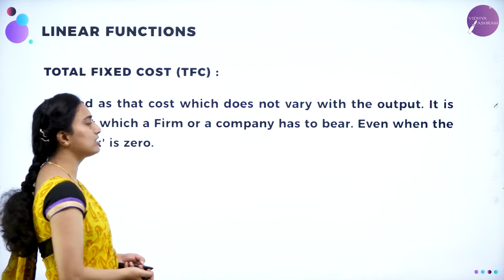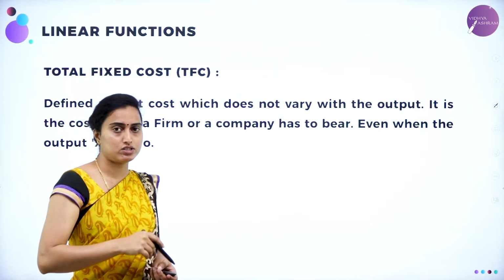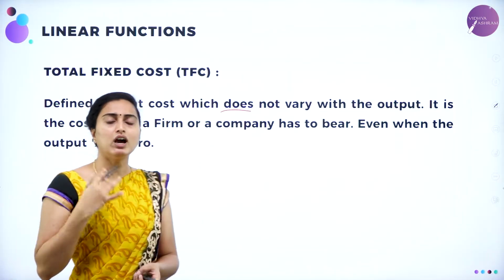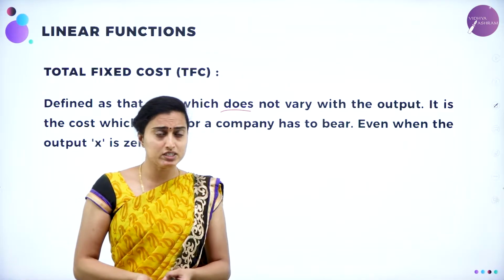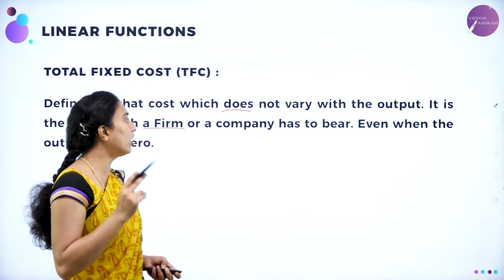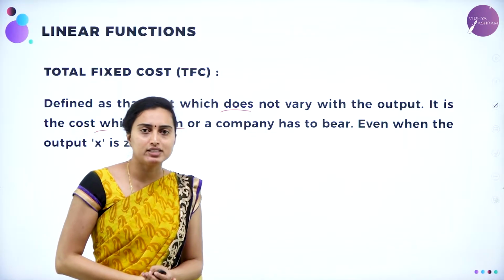We'll move on to the next concept, that is, what do you mean by total fixed cost? Total fixed cost means the cost which does not vary with the output. That means it is the cost which a firm or a company has to bear even when the output x is 0.